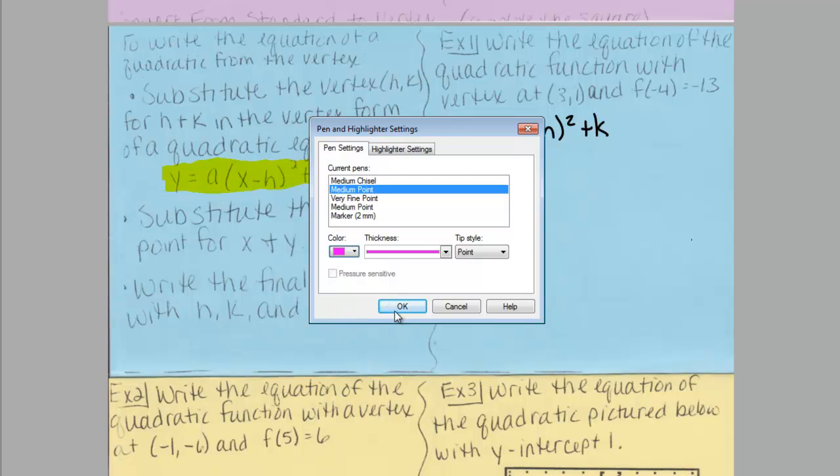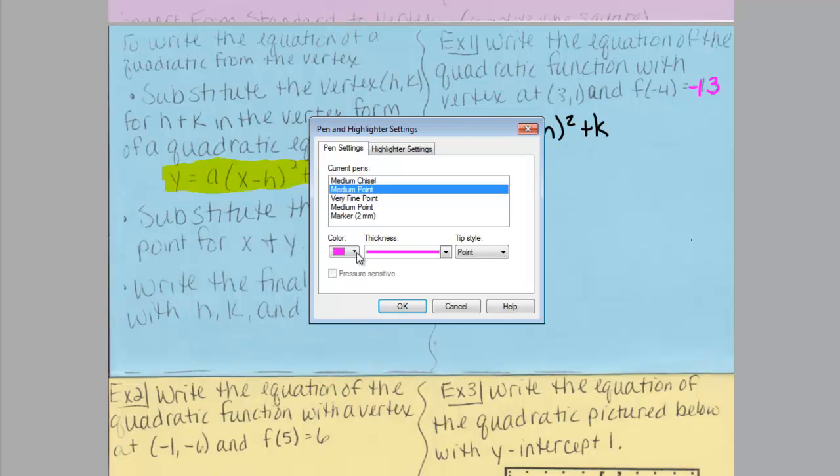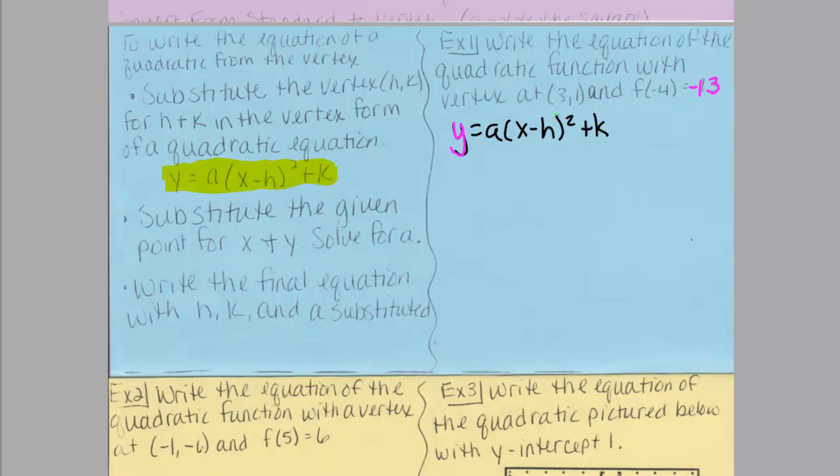And let me color code what everything is. So our y and our x will still look the same. The difference is the h and the k. So y is still negative 13. X is still what's inside that parentheses at negative 4.